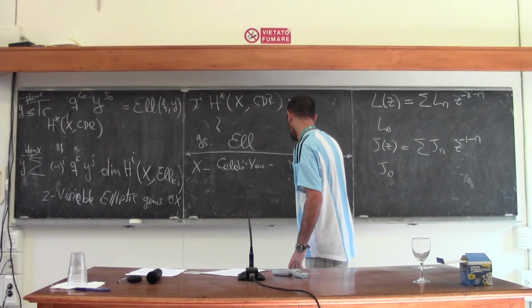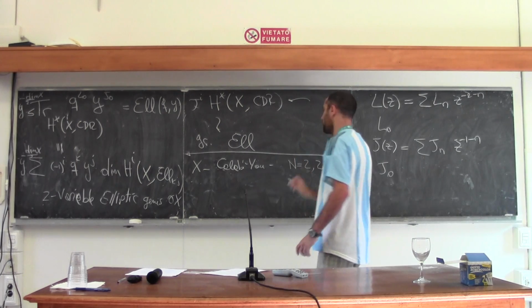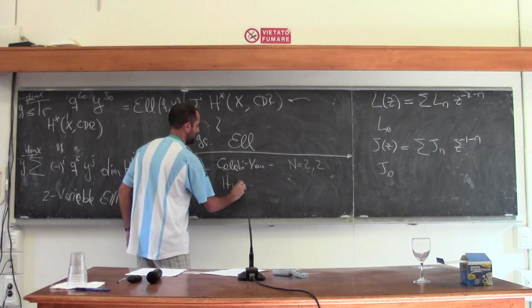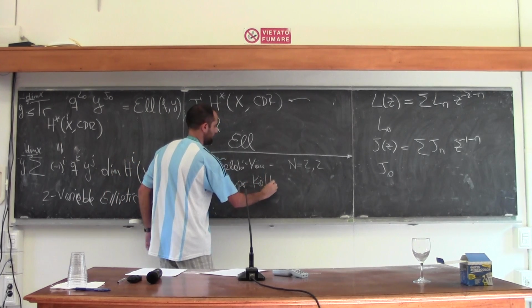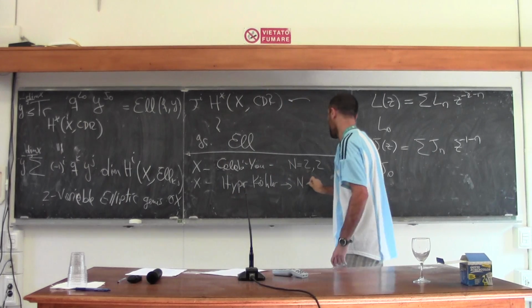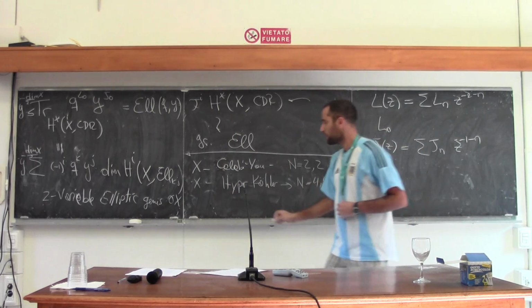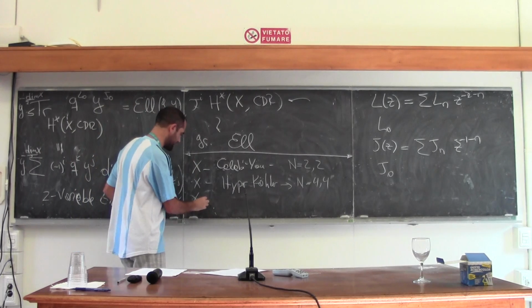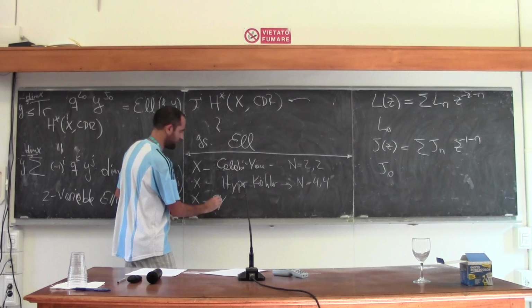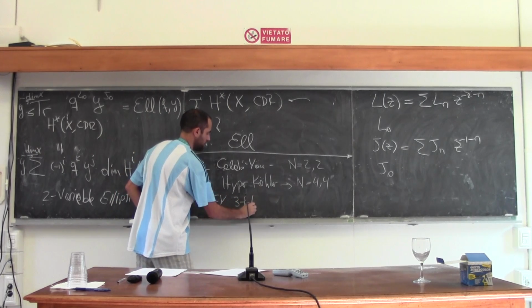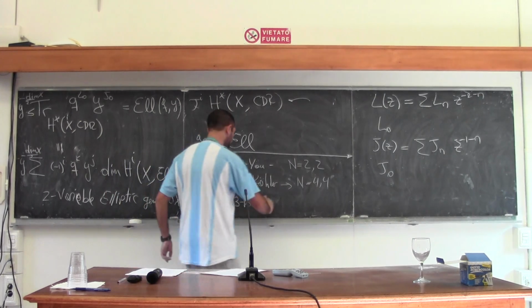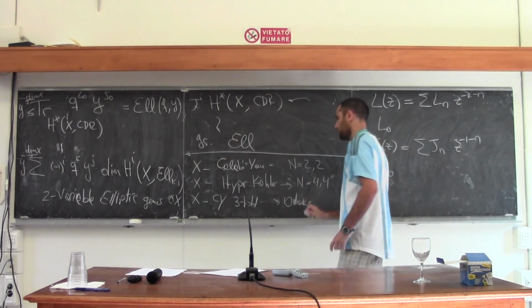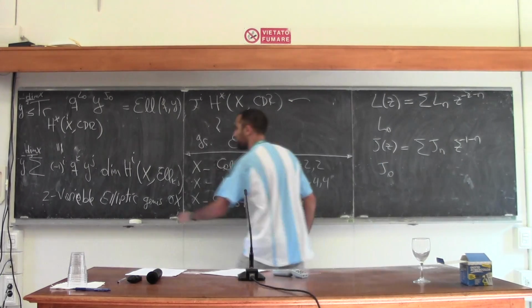If X is hyperkähler, then the chiral de Rham complex has N=4. If it's a Calabi-Yau threefold, it also has this Odake algebra construction, which is by adding the field that corresponds to the holomorphic volume form.